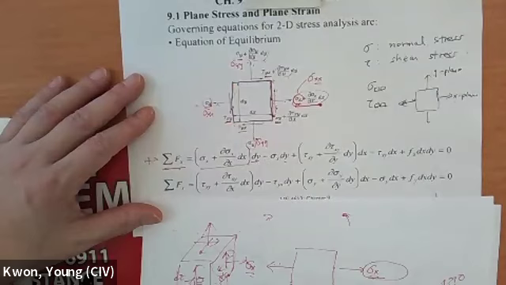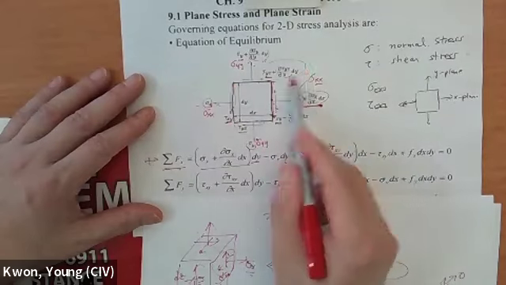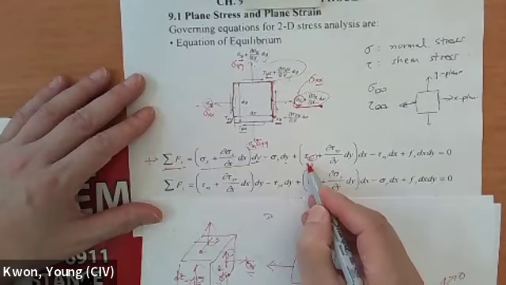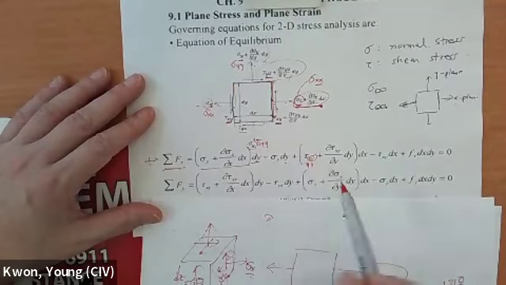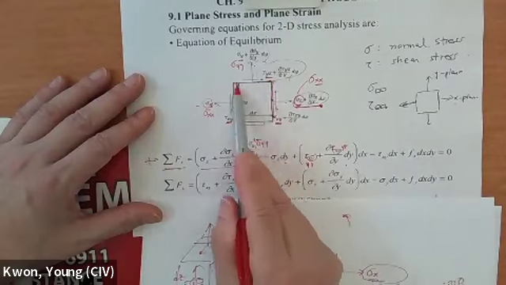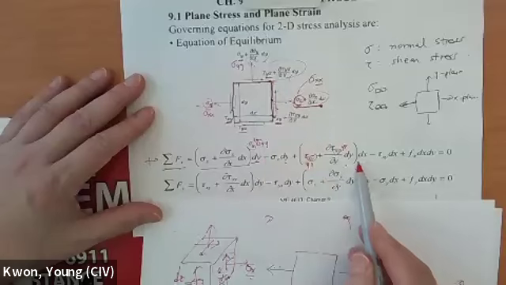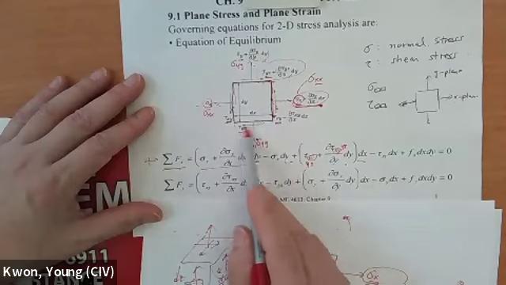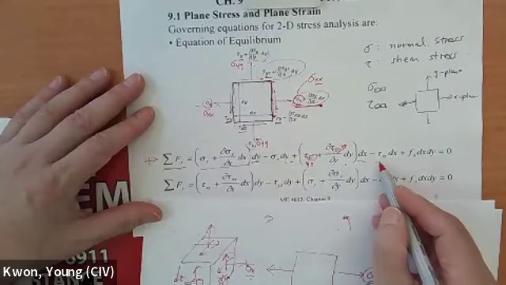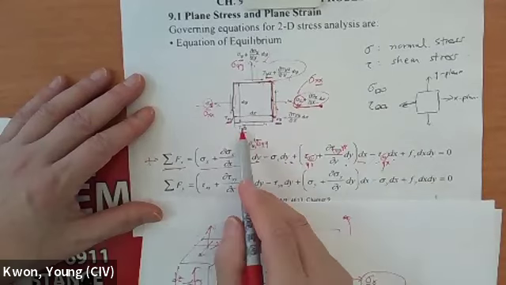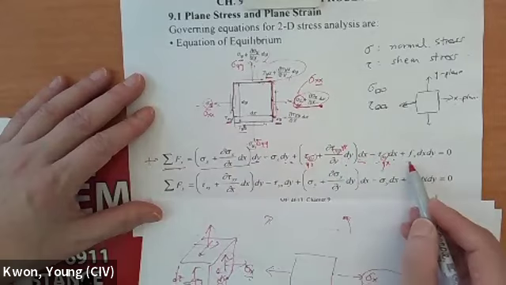What else do we have in the x direction? We have this one. So this is more exactly tau sub yx plus the change of tau sub yx over dy, and the area of this one is going to be dx, which is going to be positive x direction, and this one is going to be tau sub yx times dx, opposite direction, negative, and this is the body force.